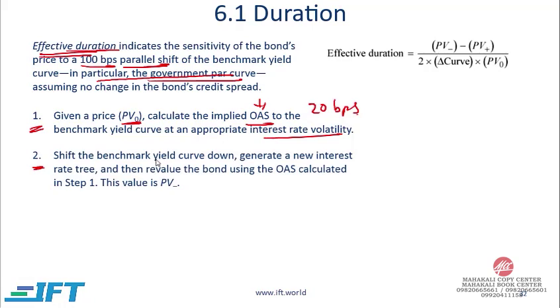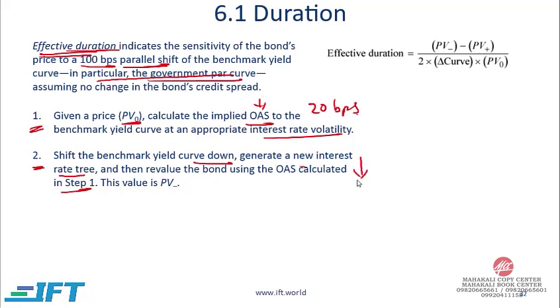Next, we shift the benchmark yield curve down, generate a new interest rate tree, and then revalue the bond using the option adjusted spread calculated in step 1. And to some extent we've seen this before, so we know how to come up with the tree, and we come up with the tree assuming certain rates. Then we generate a new tree which is based on lower rates.